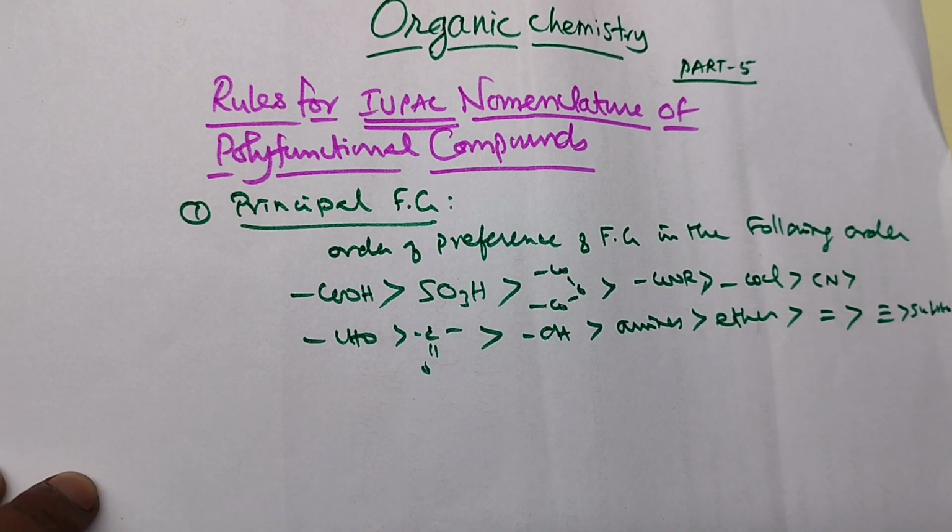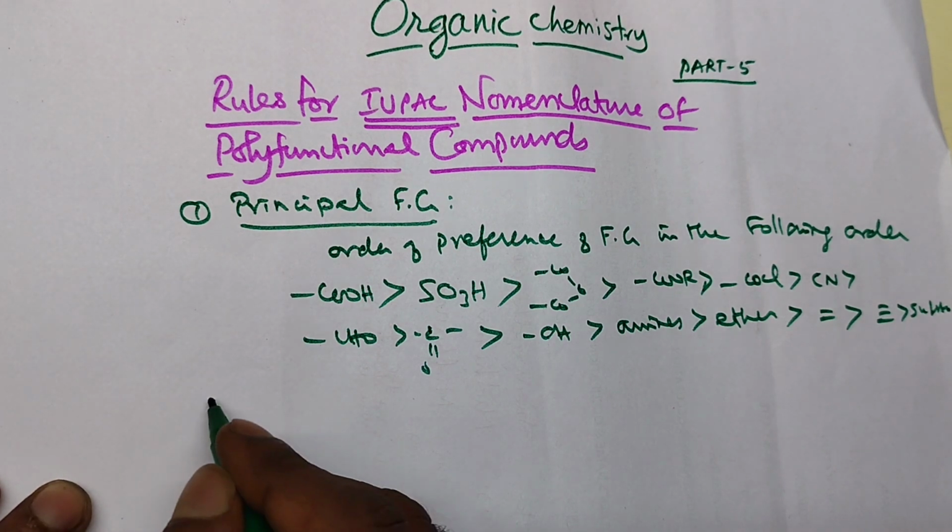So this is the order of preference of functional groups. That is the first rule for polyfunctional organic compounds.